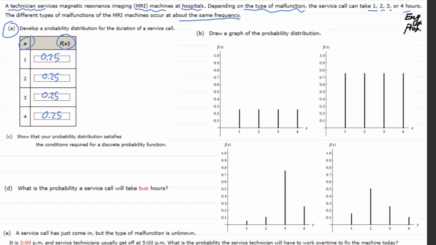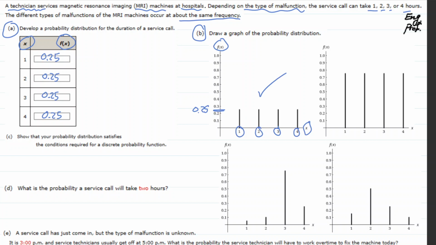That is the situation, and that exactly matches part B, where you're supposed to draw a graph of the probability distribution, f of x on the y-axis and the discrete random variable x on the x-axis. We can see that for the 4 possible values for x, 1, 2, 3, 4, since we are saying it's equally likely, all of them equal 0.25 on the y-axis for f of x.